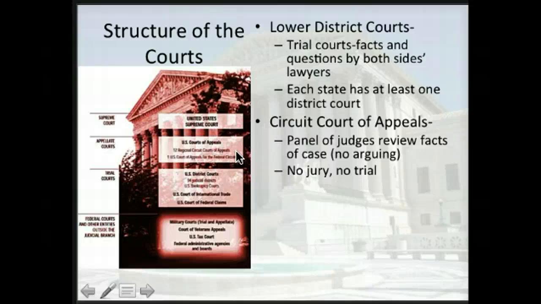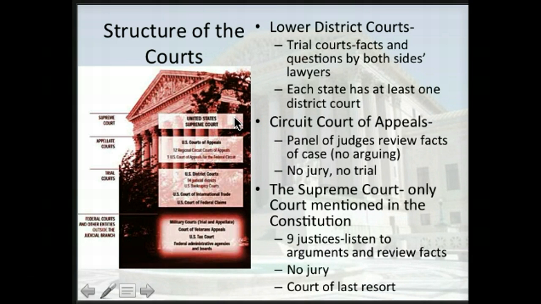Now, if you don't like what the Circuit Court of Appeals has to say, the court of last resort is the Supreme Court. It's the only court that's actually mentioned in Article 3 of the Constitution. Again, this is a panel of judges, except we call Supreme Court judges justices.